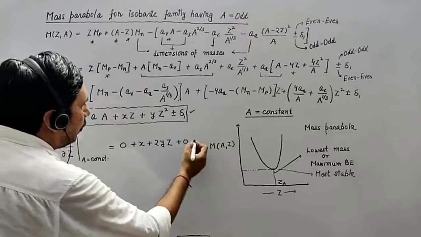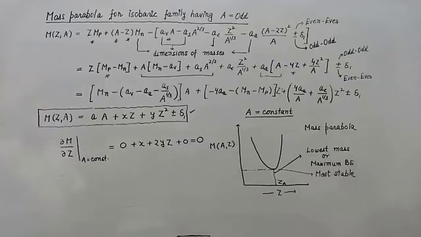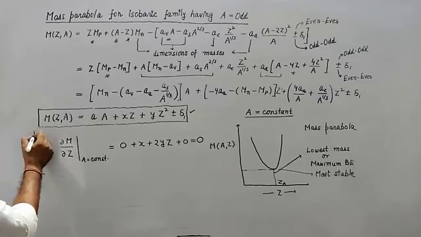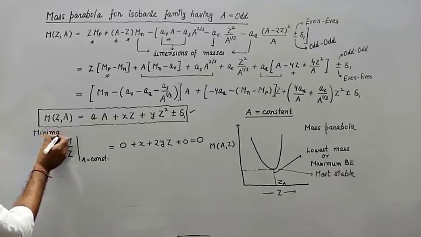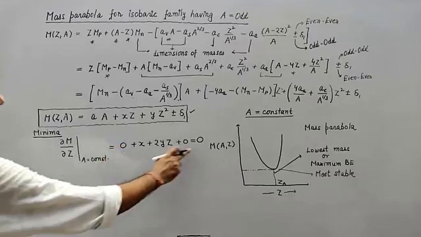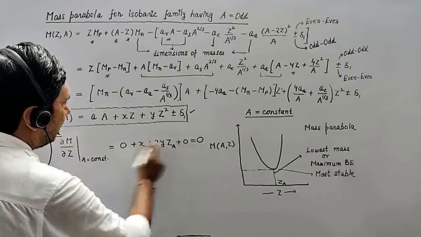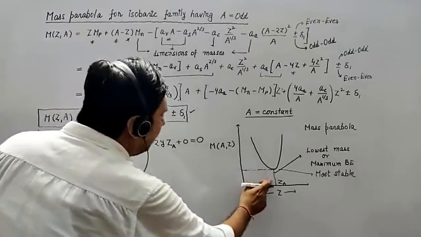Now for minima, we will equate del M by del Z equal to 0. From this equation, suppose this is Z_A corresponding to this point.